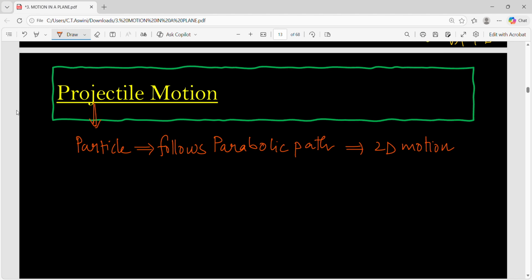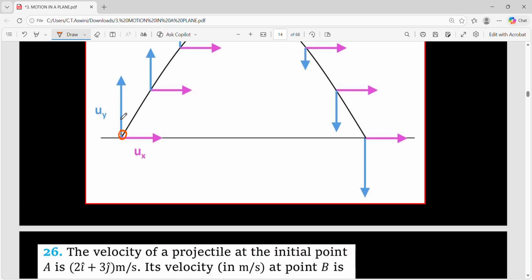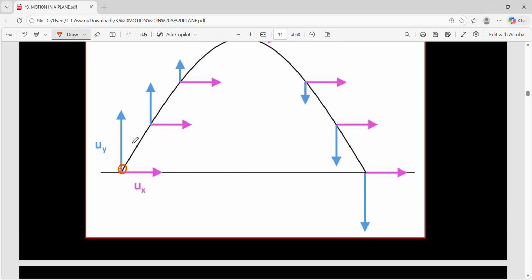Now imagine this projectile is projected making an angle of theta with the horizontal. This is called horizontal. So the projectile was making theta angle with the horizontal with some initial velocity u. Now as this is a 2D motion, we divide the given data into x and y components.